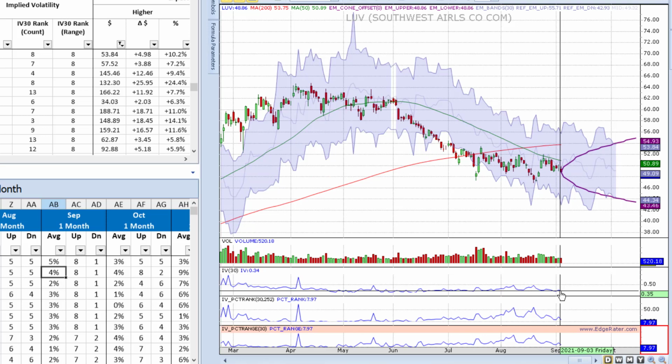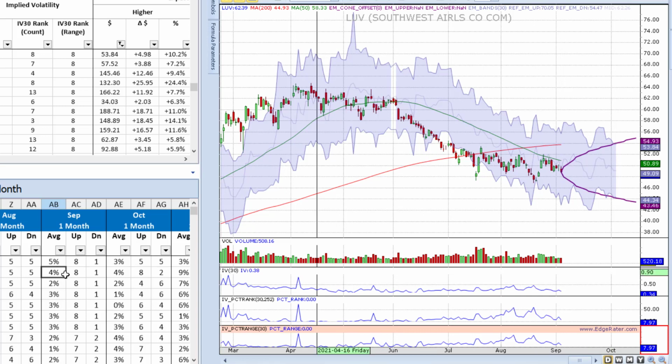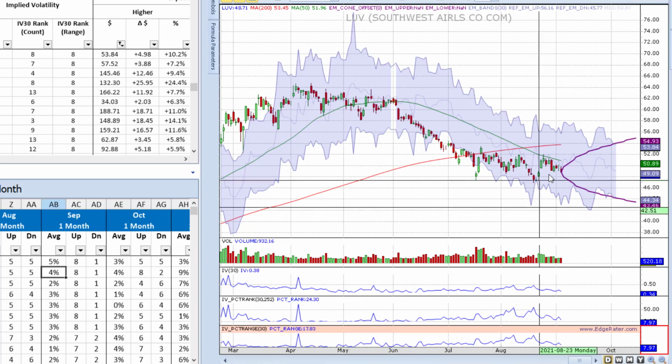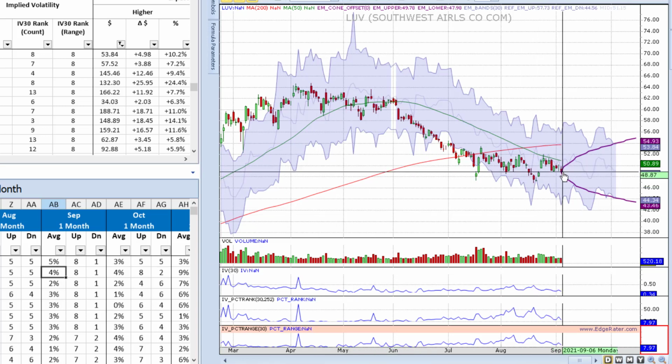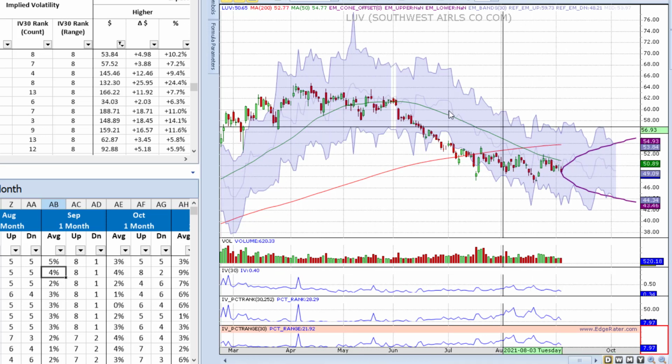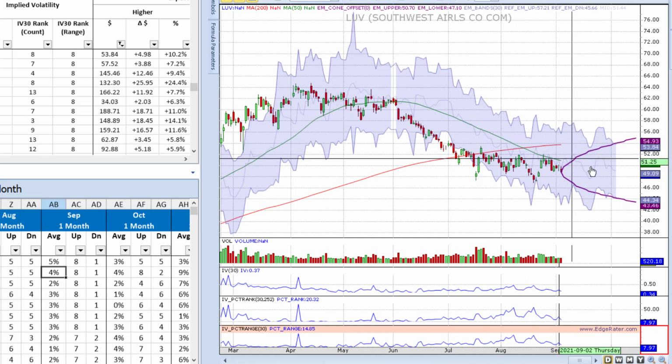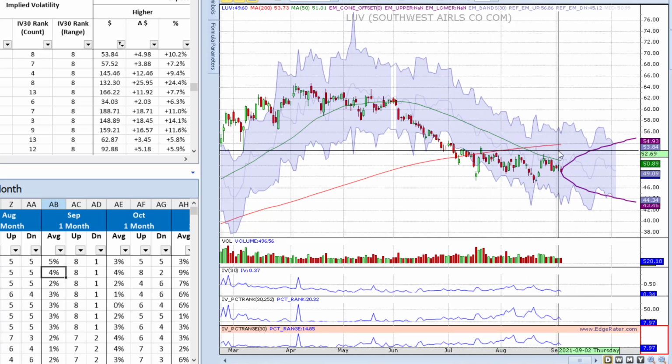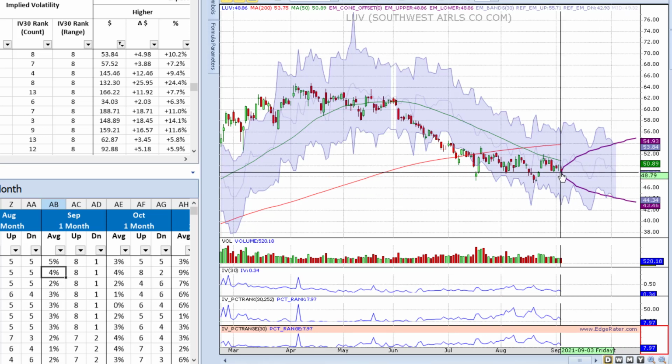So depending on your outlook here, and my outlook based on seasonality would be positive for September, again, buying a call could be good. If, on the other hand, you believe that these moving averages are indicative of a further move lower, you can instead buy a put.